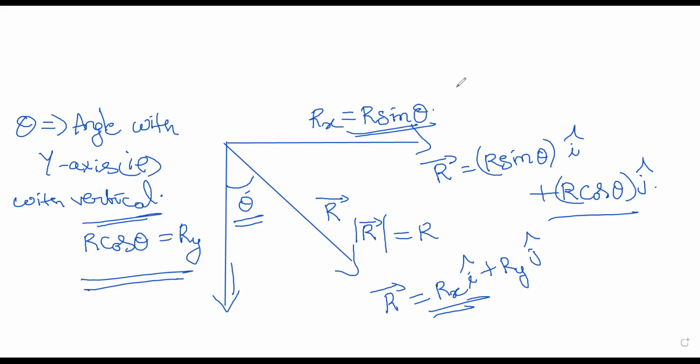And now the third situation, number 3, is like this. Your vector is vertical. This is my r bar, where the mod r bar is r.